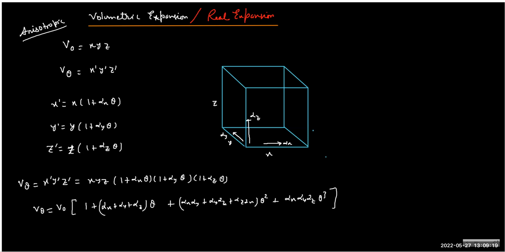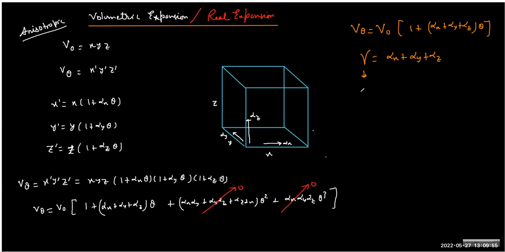And anything more than linear will be 0 in our calculation. And that is why the volume at any temperature theta is equal to the volume at 0 degree times 1 plus, and we write gamma as, and this is called the thermal coefficient of real expansion or volume expansion or volumetric expansion.